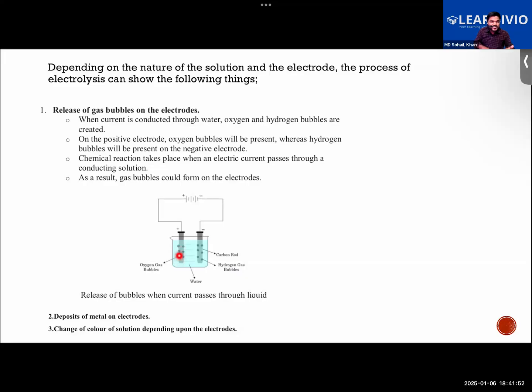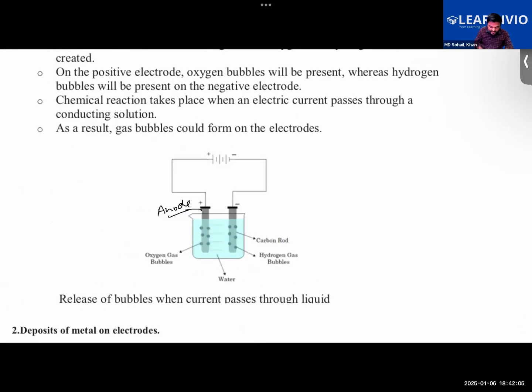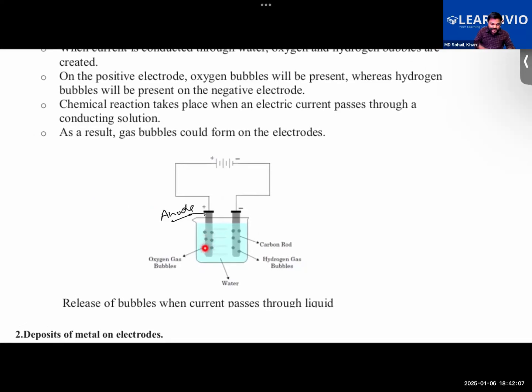Positive electrode is called as, anyone? Anode, exactly. So at the anode, which is positive, oxygen bubbles would be accumulated near this. Oxygen bubbles will get accumulated near the positive electrode, and the hydrogen gas bubbles would be accumulated near the cathode, which is negative.